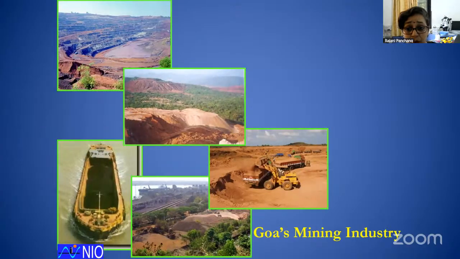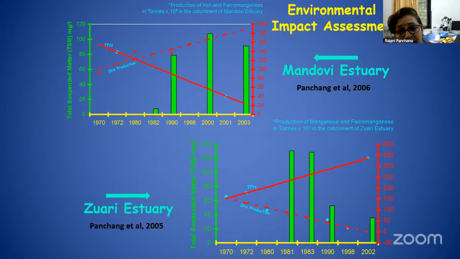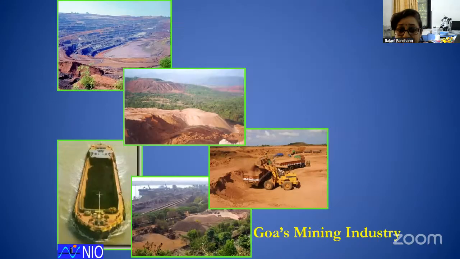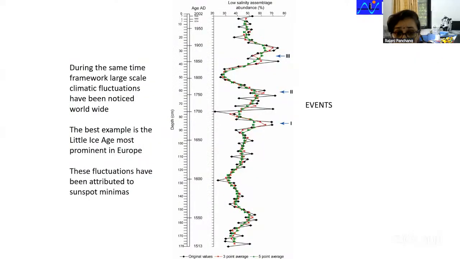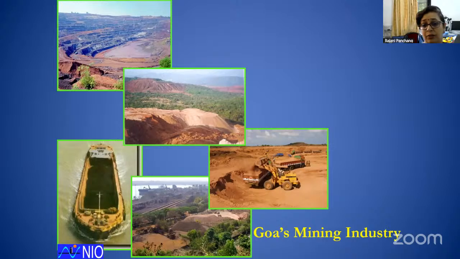Okay, I think with so much, I'm going to skip a few and maybe I will share this. There's another case study that I would want to share with you. This is Goa's mining industry, where now it is different. About 20 years ago, this was very common in Goa. We know Goa's mining industry is 100% export oriented.